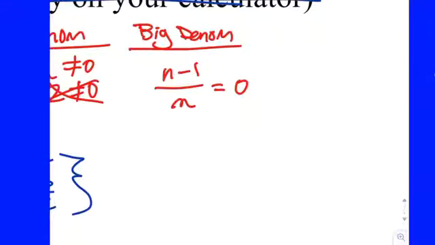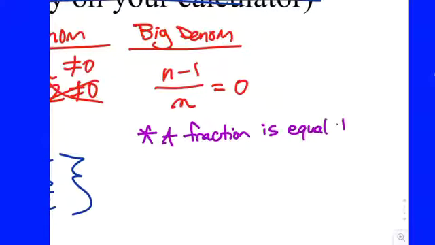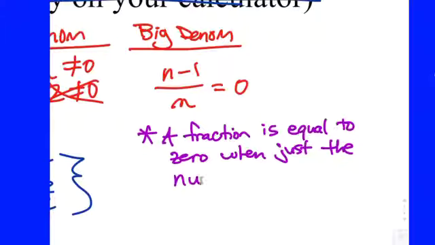Here's what you want to do instead, okay? Think about it this way. A fraction, like n minus 1 over n, is equal to 0 when just the numerator equals 0. Right? 0 over 5 is 0. 0 over 10 is 0. 0 over 0 is not 0.